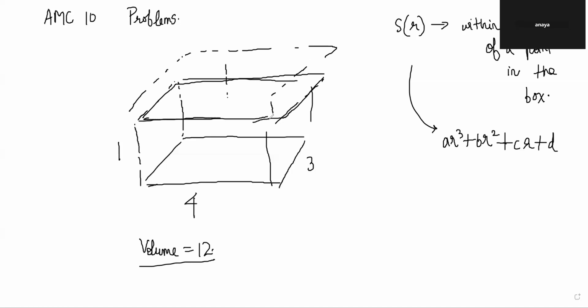So from this face, you can say r distance above. The point could be inside that volume also. From each face, you could be outside also, within r distance of a point in the box.